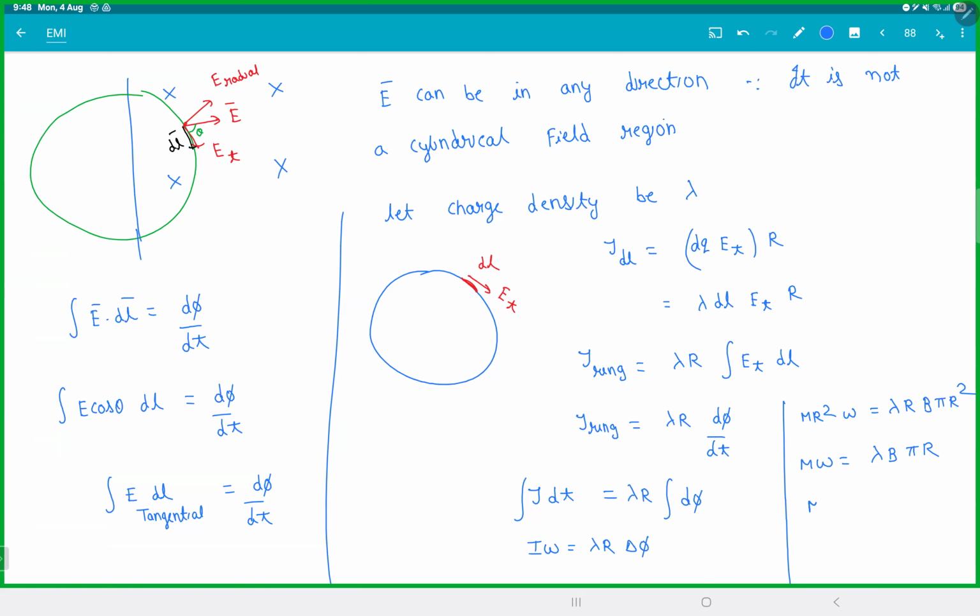Multiply with 2 on both the sides. m omega, so I know already omega is v naught by root 2 r, multiply with 2 here, that will become lambda 2 pi r into B. That's your charge.